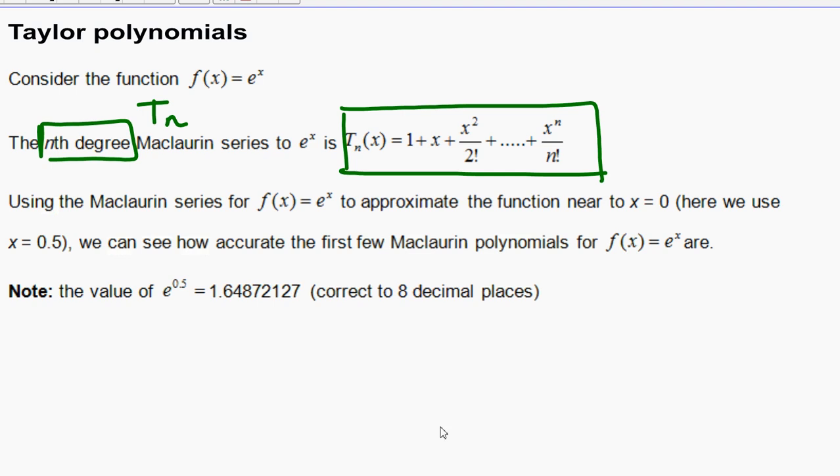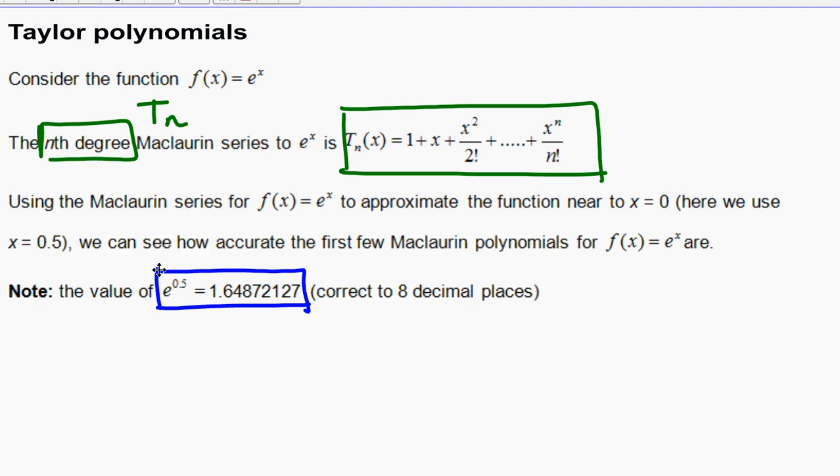Anyway, we can use our Maclaurin series to approximate the value of this function at x equals 0.5. And we can try to find out how accurate the first few terms of the Maclaurin series are. Just note that the exact value of e to the power 0.5, from my calculator, is equal to that.